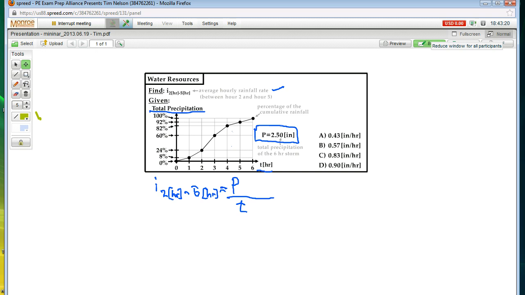Now I'm going to add the subscript to the precipitation depth just so we are mindful that it's not for the entire storm or it's not for just 1 hour. So the time t, I could also add the subscript. The t really refers to the end of hour 2 until the end of hour 5, which is a time period of 3 hours. So I'm just going to write that in there.